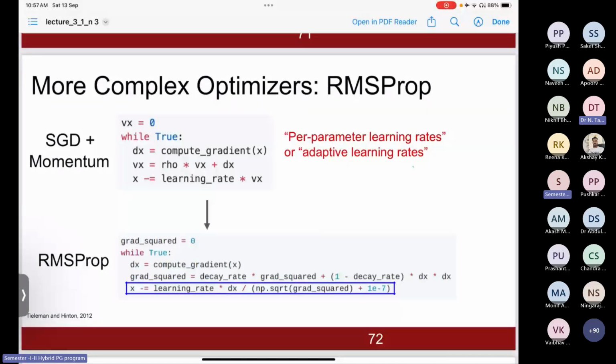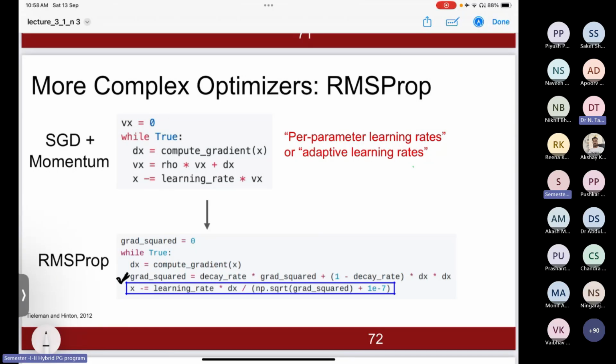So what it does, it finds the square value of the past and current. So it is also similar to the SGD plus momentum. But in the case of SGD plus momentum, we are finding the mean, like average. Here we are finding some type of, we can say, variance.